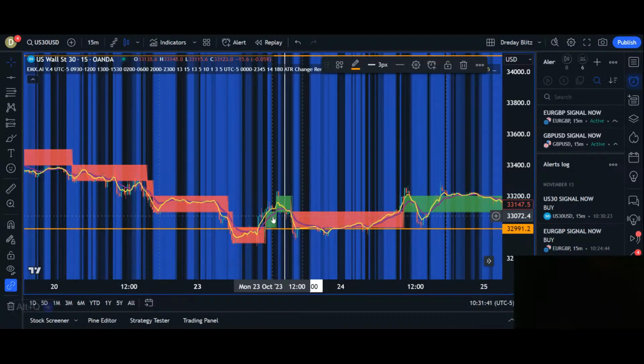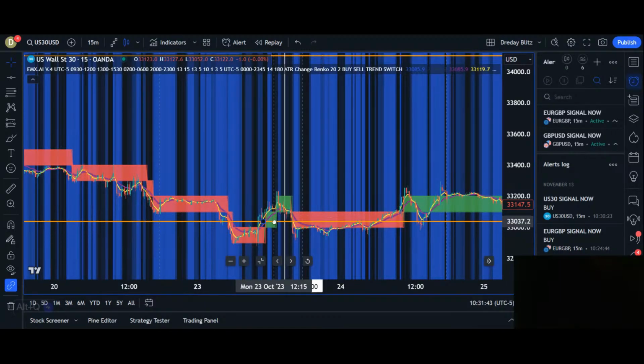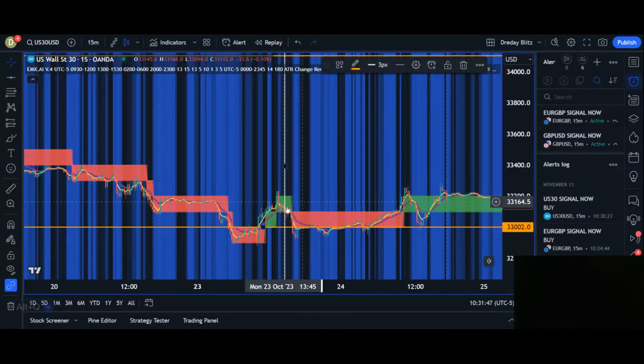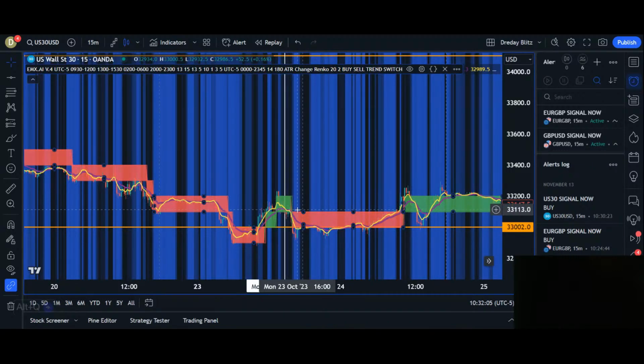You would have to put your stop loss right here on the previous Renko. But it switched from buy to sell right here, right? Right here, it switched. So that means that you will be out of the trade before it ever touch your stop loss. So by using the Renko, it's gonna help you out on the risk management and on securing your account.